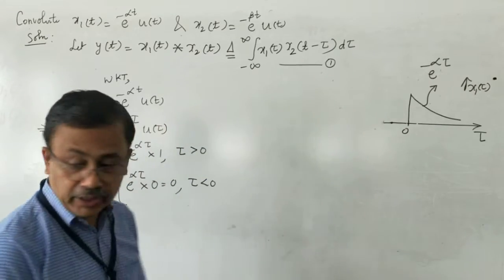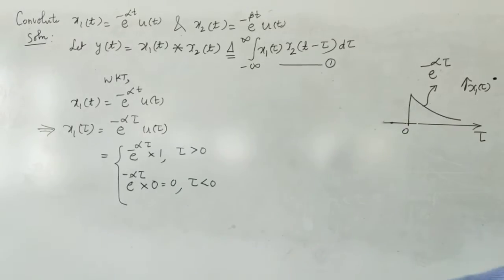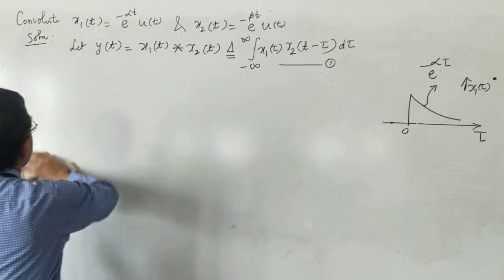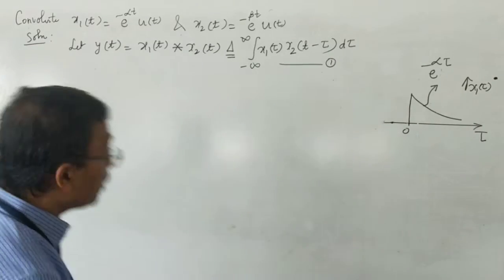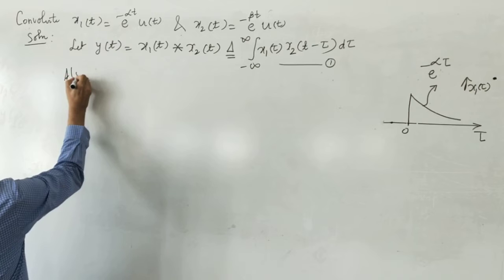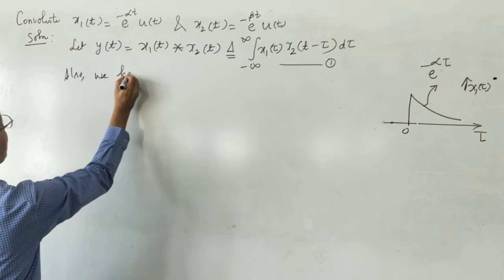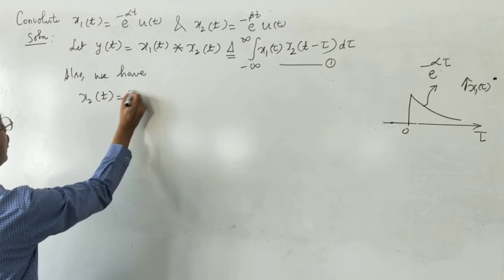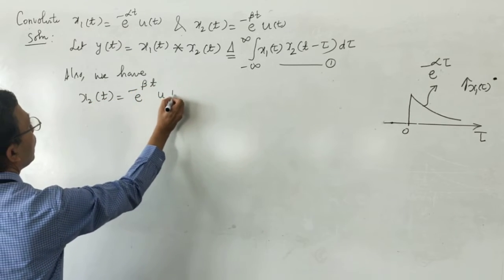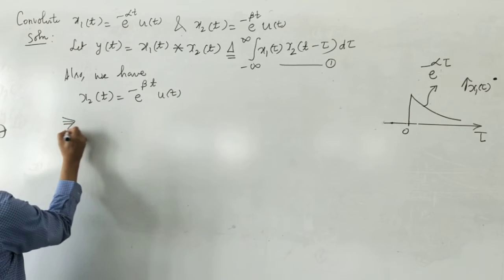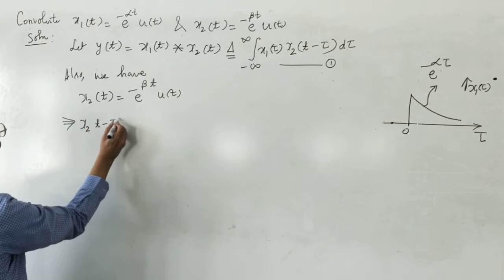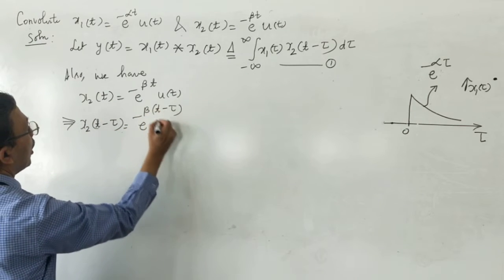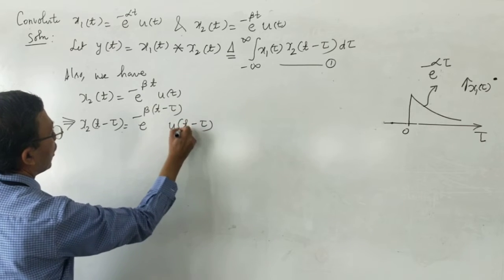Next, I have to sketch x2 of t minus tau. Also we have x2 of t equals e to the power minus beta t into u of t. This implies x2 of t minus tau equals e to the power minus beta t minus tau into u of t minus tau.